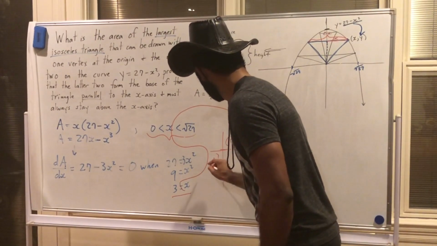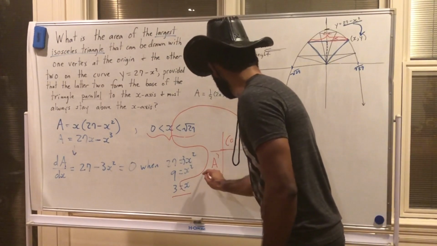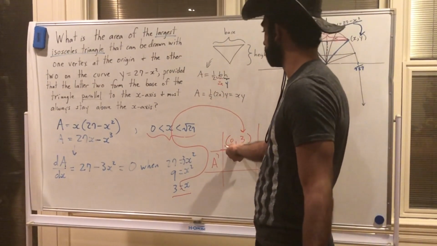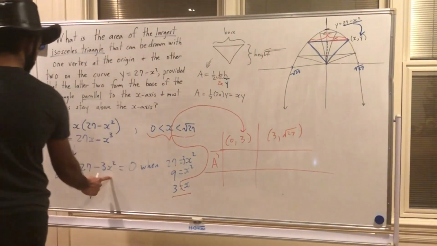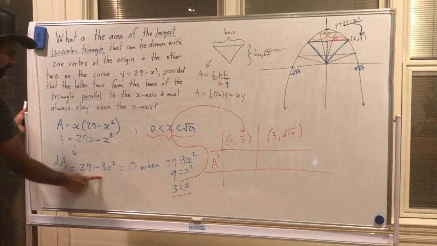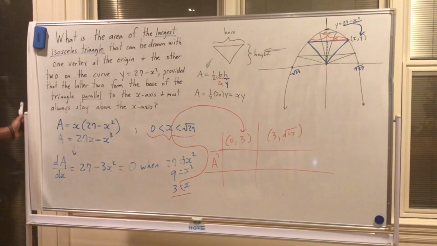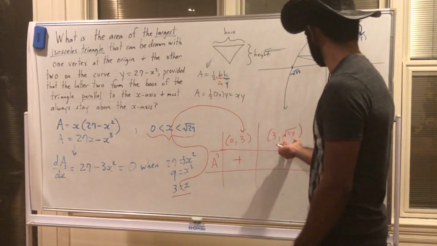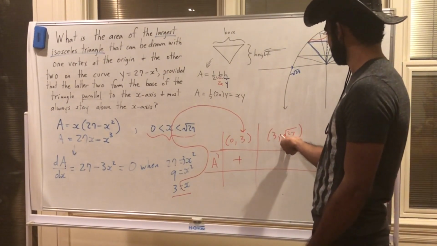What is the sign of A prime? If we take, for example, 1 and stick it into my derivative, do you get a positive or negative value? That would be positive. Now let's say from 3 to square root of 27, that's a little more than 5.